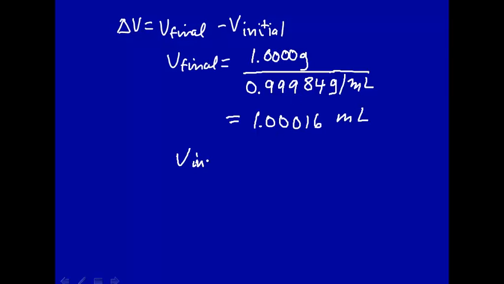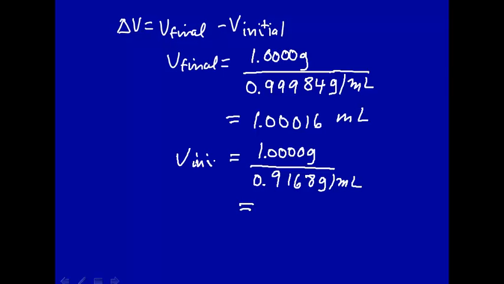The initial volume, again, we haven't added or subtracted any water, so it's still 1 gram, but the density of the solid, the initial was a solid, is, as we said, a little less dense, 0.9168 gram per milliliter. So the initial volume is 1.09075 milliliters.